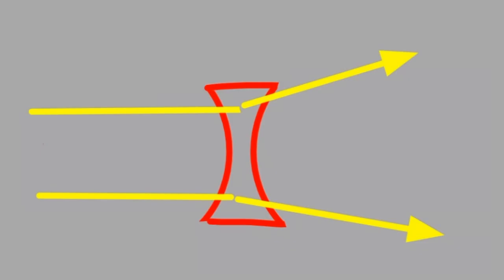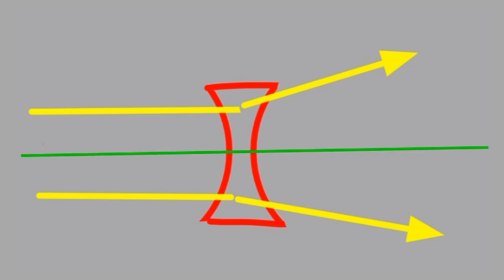When a parallel beam of light falls on this concave lens, due to its peculiar shape, after refraction these light rays diverge in different directions. The path change happens due to refraction.